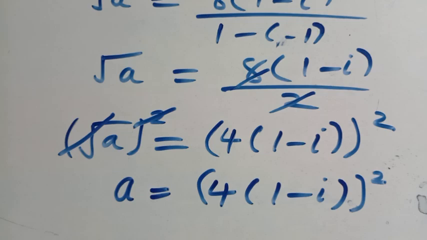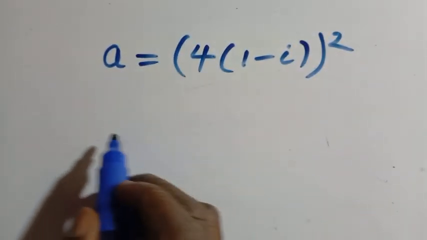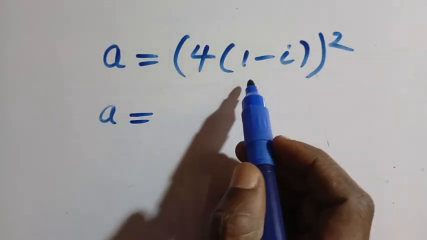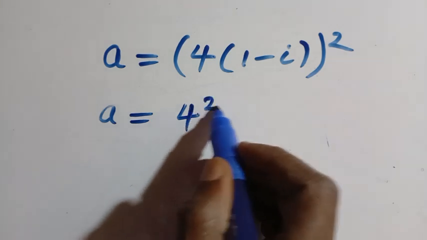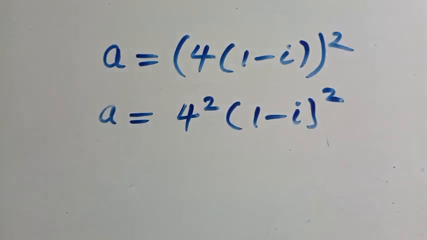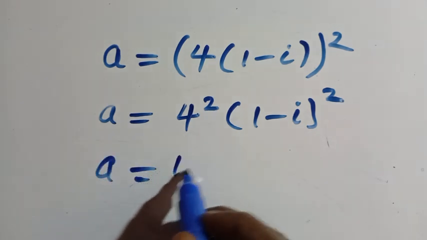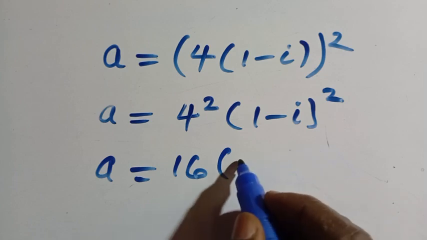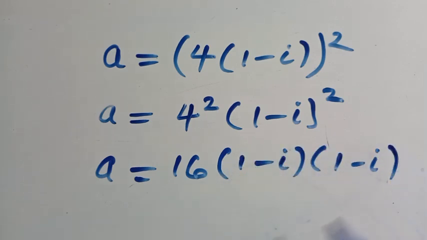So from here we have a equals 4 into bracket of 1 minus i squared. It means that the 4 here we take squared and 1 minus i we also take squared. So here we have a equals 4 squared equals 16, and 1 minus i squared, we write it as 1 minus i multiplied by 1 minus i.